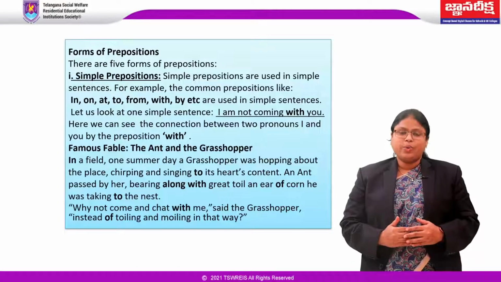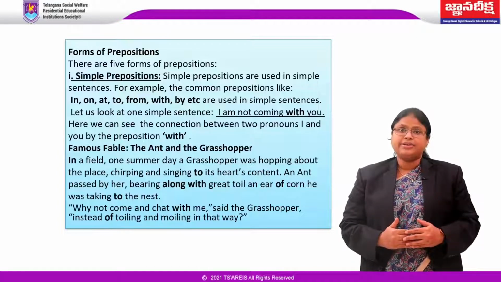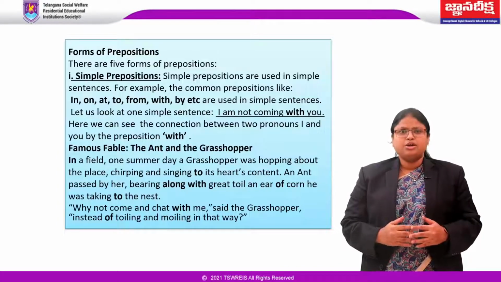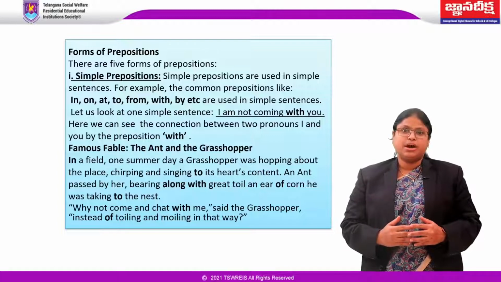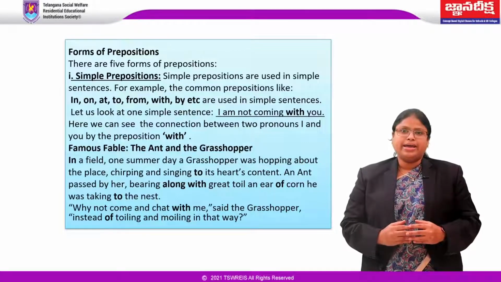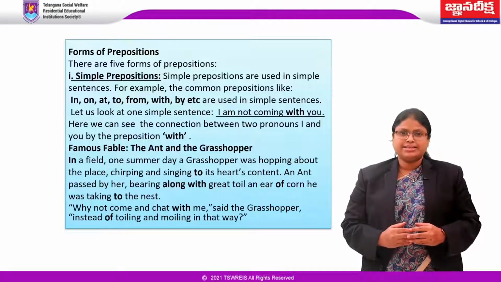Now let us look at a well-known fable, The Ant and the Grasshopper. In a field, one summer day, a grasshopper was hopping about the place, chirping and singing to its heart's content. An ant passed by her, bearing along an ear of corn he was taking to the nest. Why not come and chat with me, said the grasshopper, instead of toiling and moiling in that way.